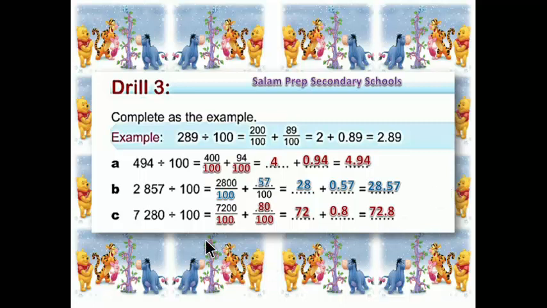Now we will solve this problem B together. 2857 divided by 100. We can write this equation in form of fraction. 2857 over 100. Now we can expand 2857 as follows.